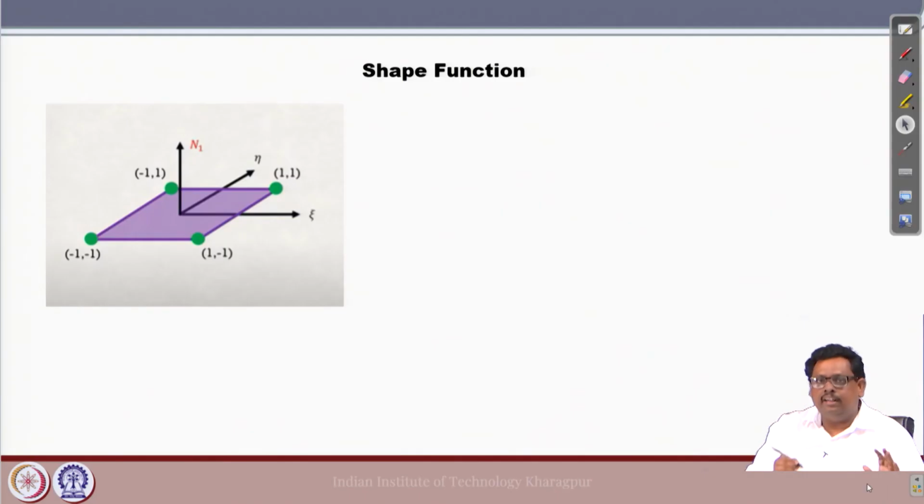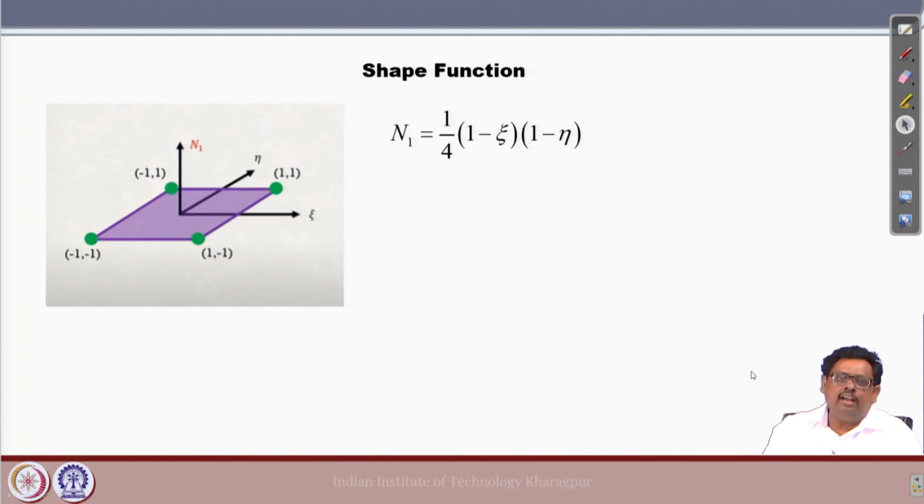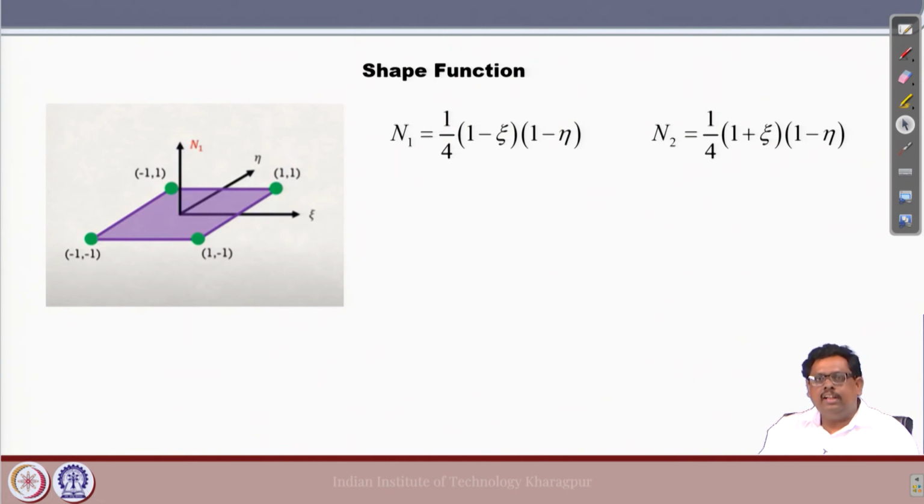Now, using this understanding, this is enough for doing our job. We really do not need more theory just to do this integration of 1 upon r using this quadrilateral panel. So N1 equals 1/4 (1 - xi)(1 - eta). Using the same logic, for N2 the value should be 1/4 (1 + xi)(1 - eta), because I am talking about this point.